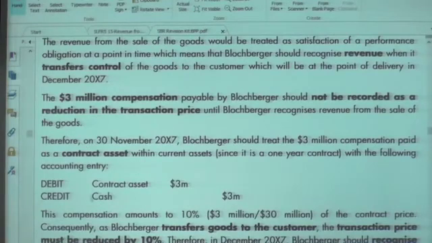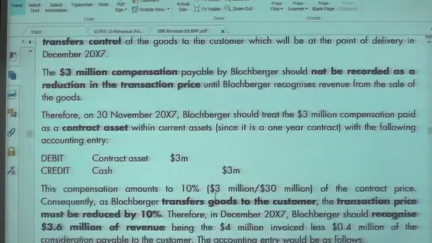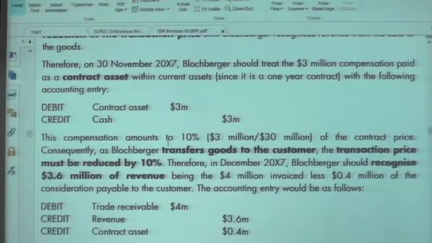When they pay, contract asset debit, cash credit 3 million.